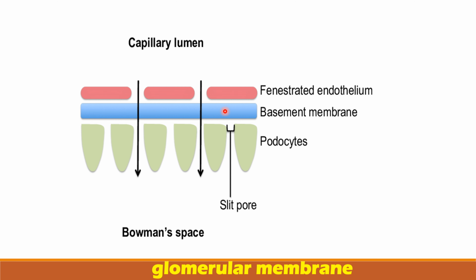The size of albumin sometimes allows it to filter across this membrane, but the negative charge in the membrane will repel it and prevent albumin from being filtered. There are certain pathological conditions in which this negative charge is lost, called minimal change glomerulonephritis, and this is associated with albuminuria, which shall be discussed in pathophysiology.